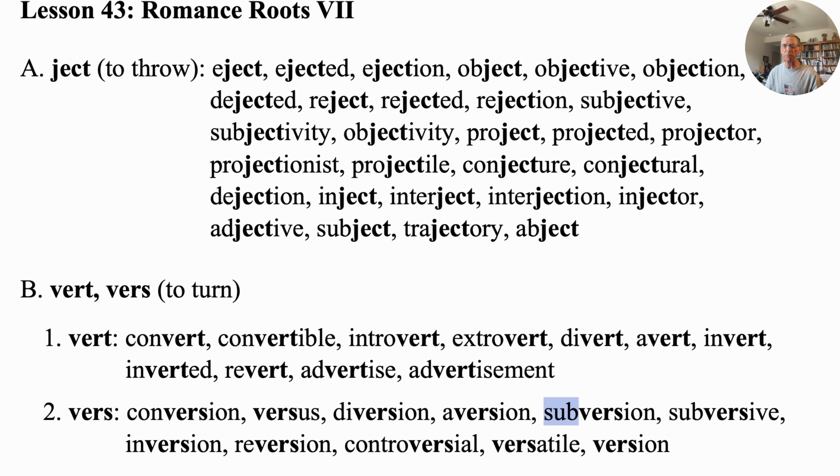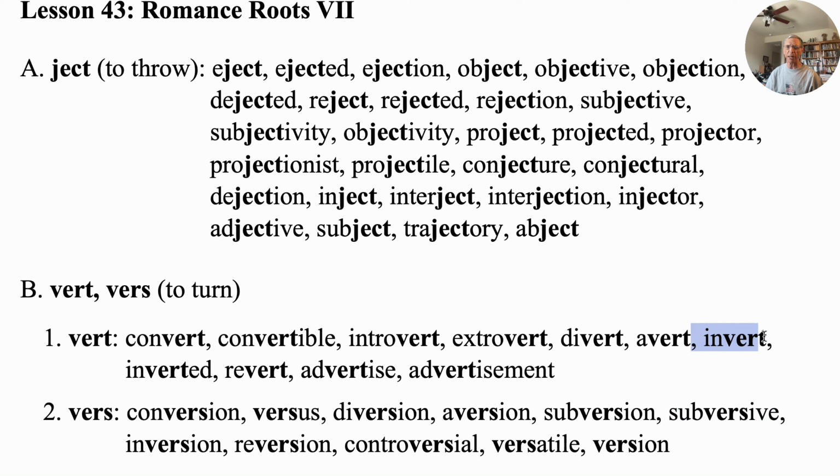And then subversive is an adjective, or can be used as an adjective, seeking or intending to subvert an established system or institution, such as subversive politics. It can also be used as a noun, as a person who tries to subvert.